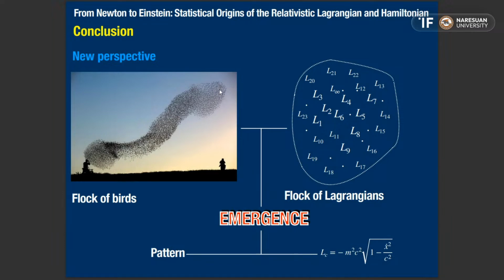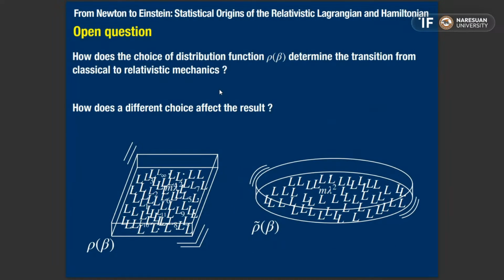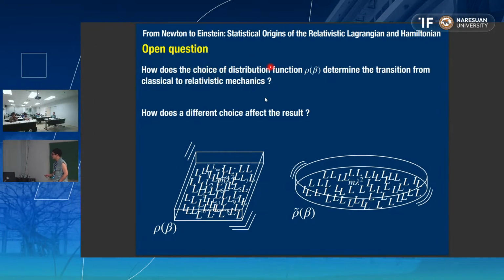Okay, and now we come to the open questions. This question we actually get from Lefferley. How does the choice of the distribution determine the transition from classical to relativistic mechanics, or how does a different choice affect the result?